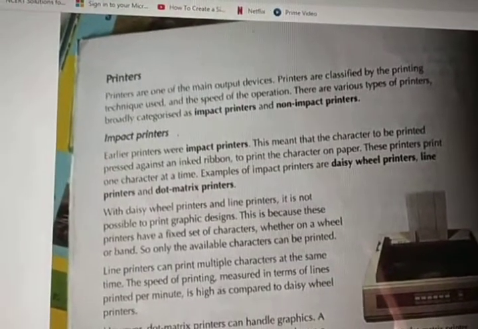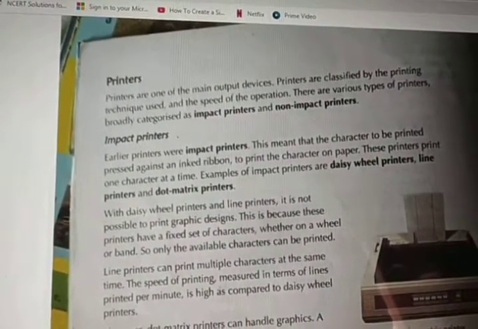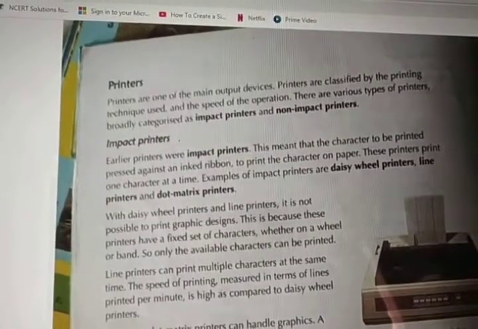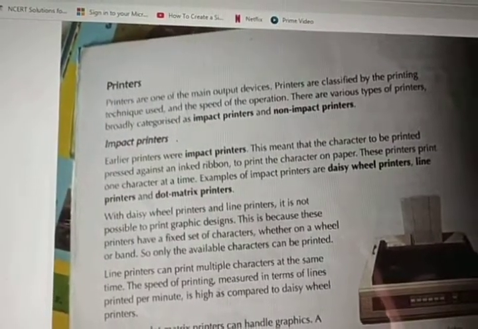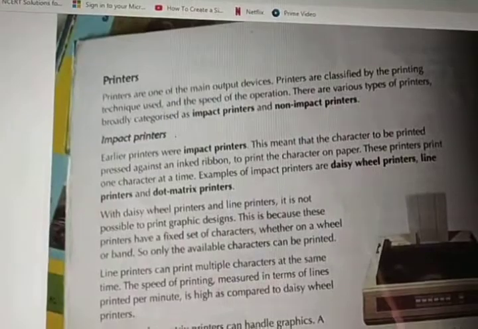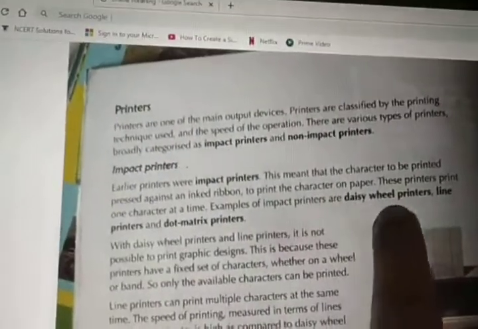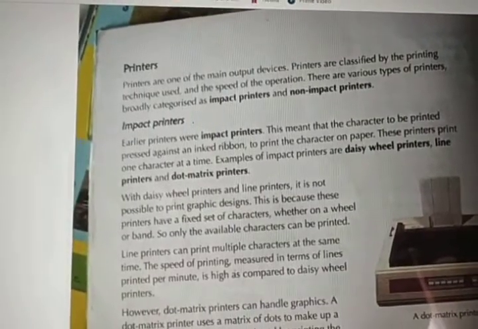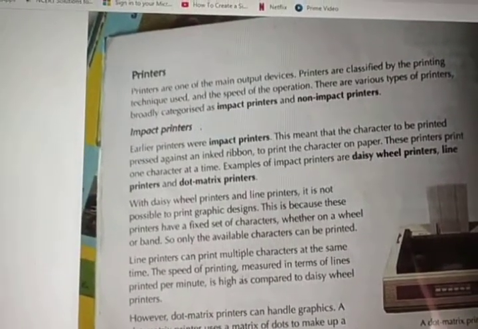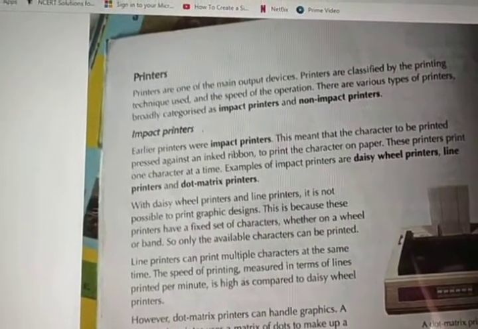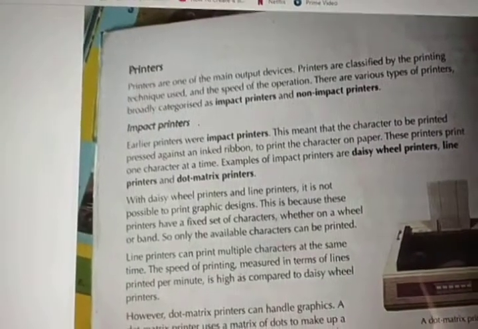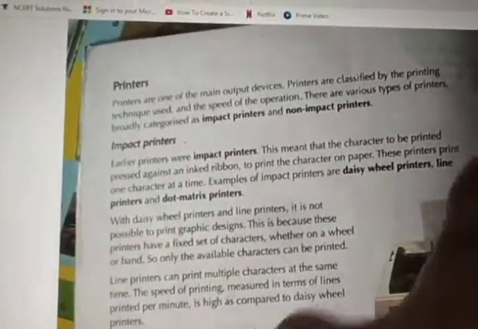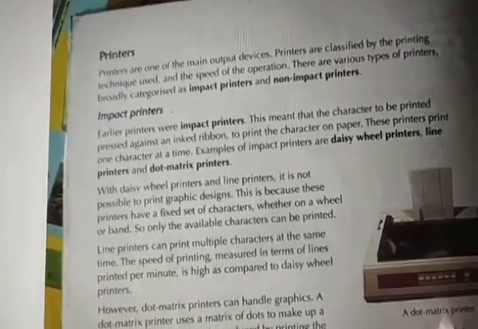With the daisy wheel and line printer, it is not possible to print graphics, because these printers have only a fixed set of characters.